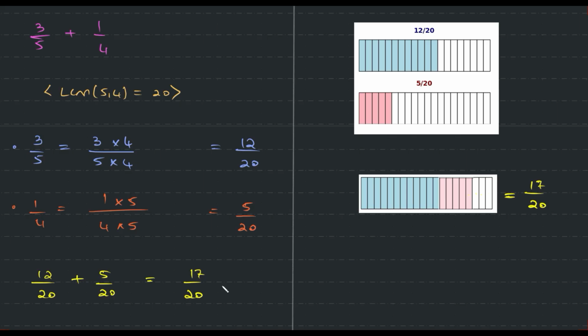Now, we have one more question. Why are we not adding the denominators? What is this fraction again? 17 by 20. Did the number of divisions change?